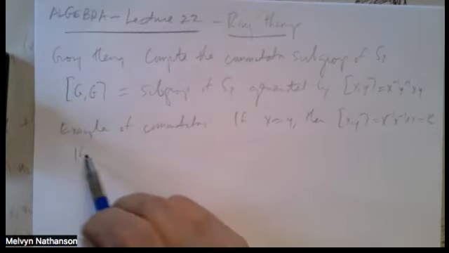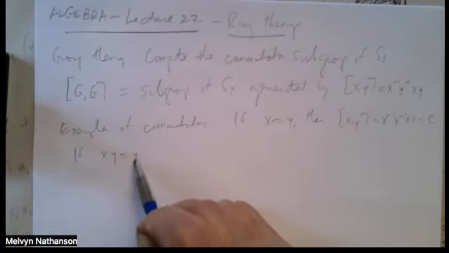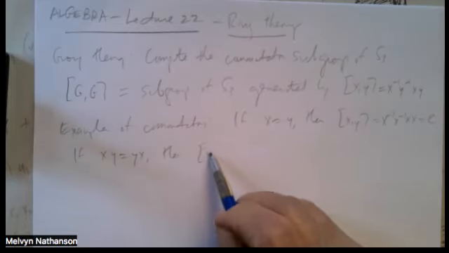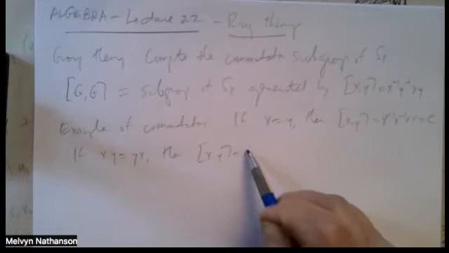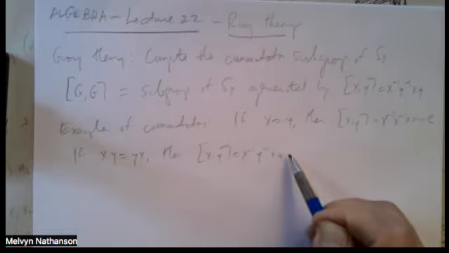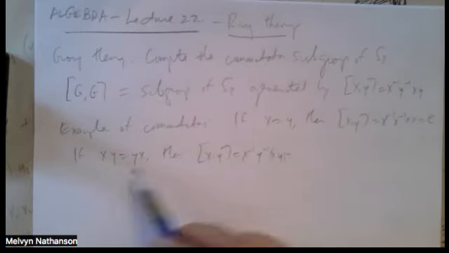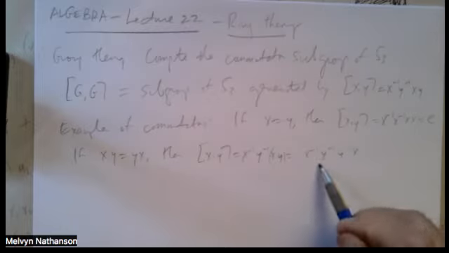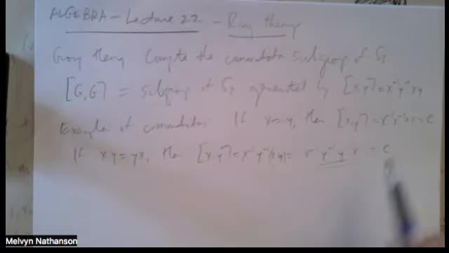And moreover, if xy equals yx, so if x and y commute, then the commutator is x inverse y inverse xy, which is x inverse y inverse yx, and these cancel, so we also get the identity. So we only have to consider commutators of elements that don't commute.